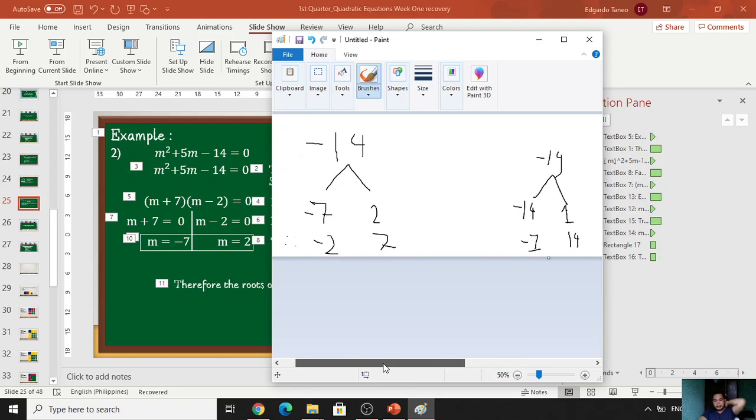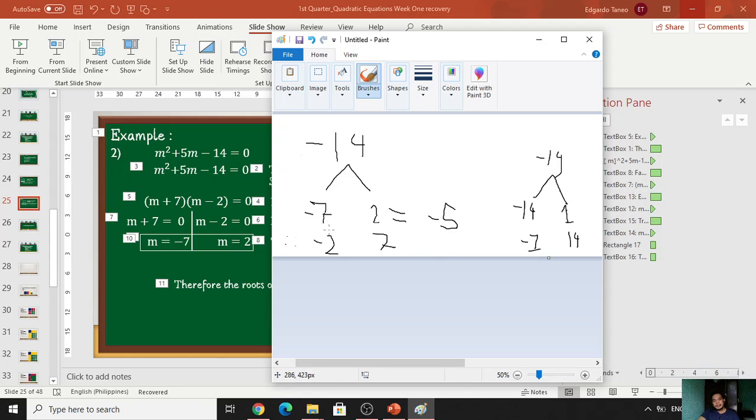As you can see, ayan yung mga factors ni negative 14. Now we're going to test each of their sum. Okay? If we are going to add si negative 7 and positive 2, that will be equal to negative 5.